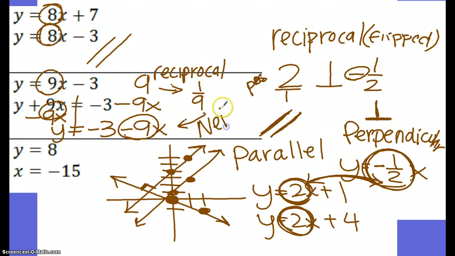This is neither. Negative 9 and 9 would be neither. Y equal to 8. Since there's 0 x's, that's a slope of 0, and that's a line that looks like this. X equal to a number is a vertical line. So if you have a vertical and a horizontal line, that means these are perpendicular.